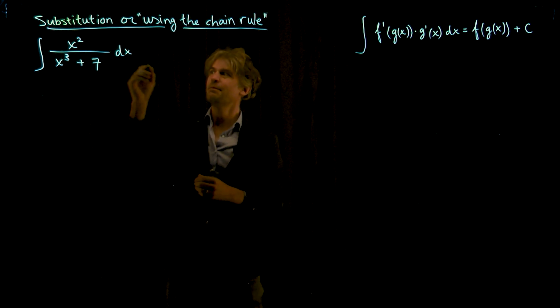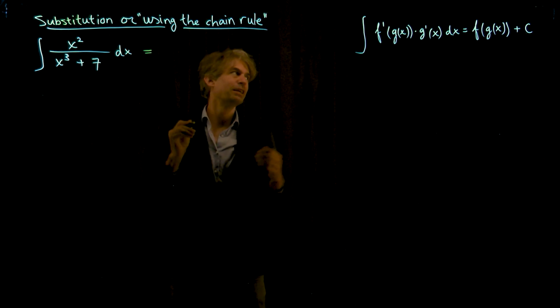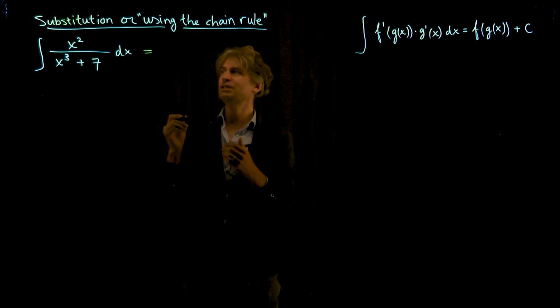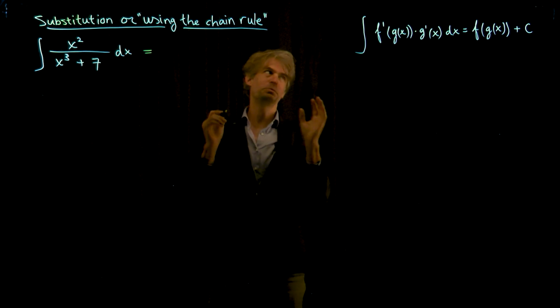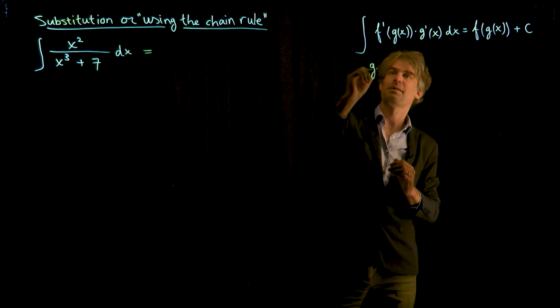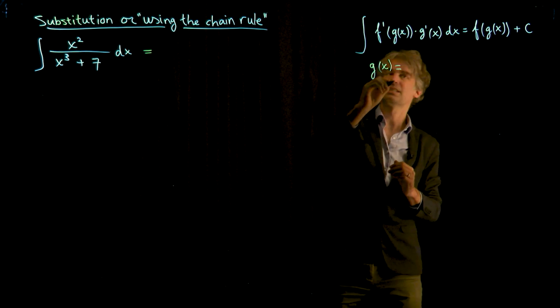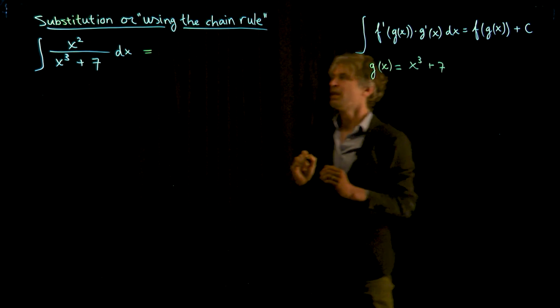So now let's see. I could write this a little bit differently to highlight this shape with the nested situation and the multiplication with the derivative. I hope for g(x) to be this x cubed plus 7, okay?